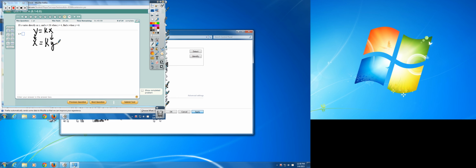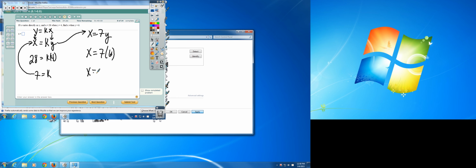And x is 28. And y is what? 4. So k is equal to what? So put that back in here. X is equal to 7 times y. And what is y? 7 times 6. And x is equal to 4.